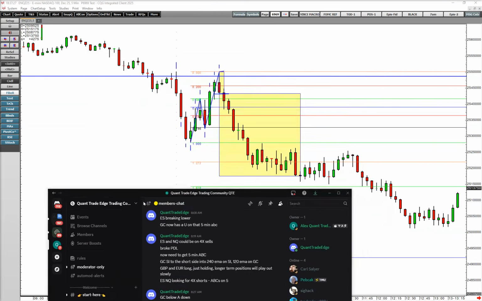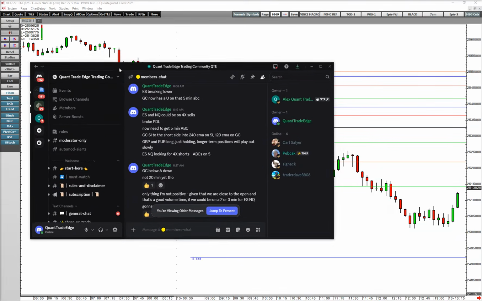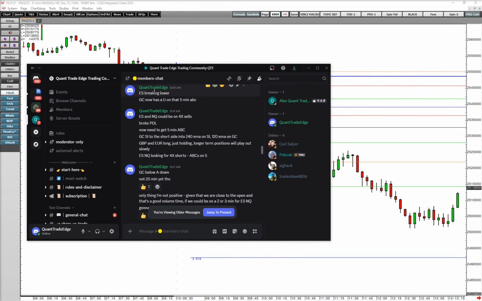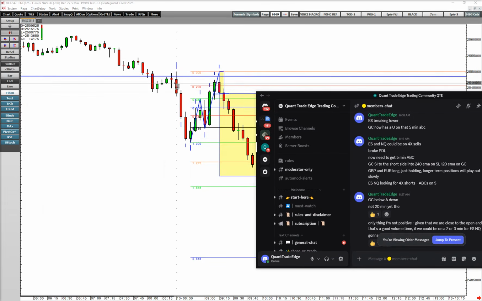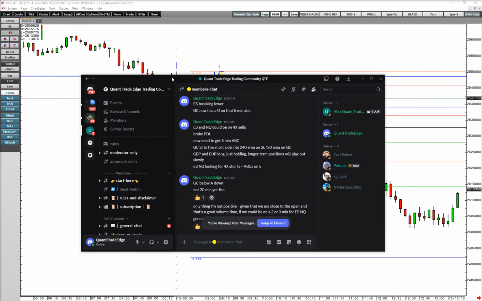And, again, everything's great in hindsight, but this is our live Discord. And at 8:08 a.m., I mentioned ES is breaking lower. And 8:19 a.m., which again is before the open, 8:19 would have been during this first breach of the previous day low.